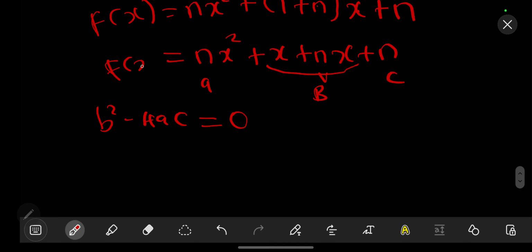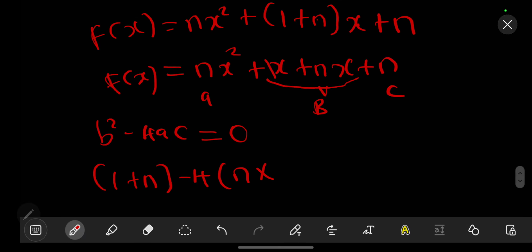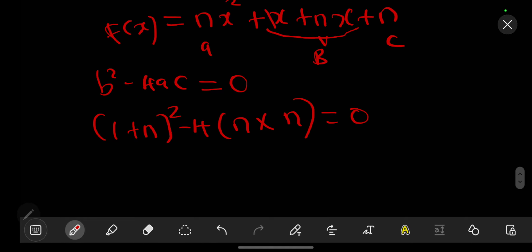So we have our b squared, which is the coefficients: a 1 in front and an n here. So we are going to have 1 plus n, squared, minus 4, then our a is n, times our c, which is n as well in this case. This should be equal to 0.